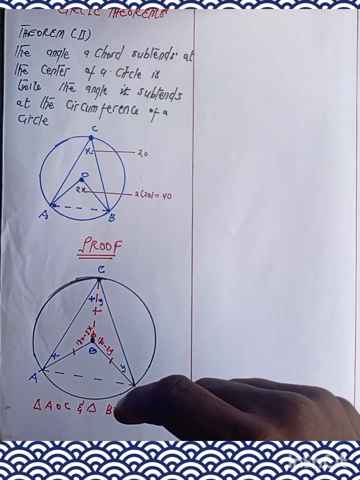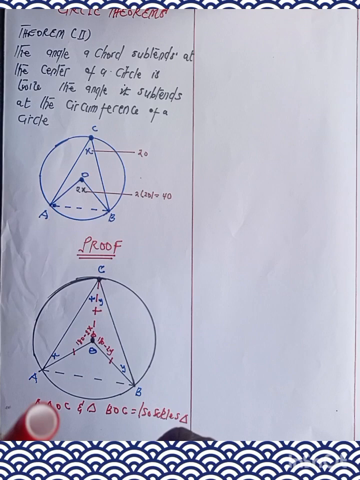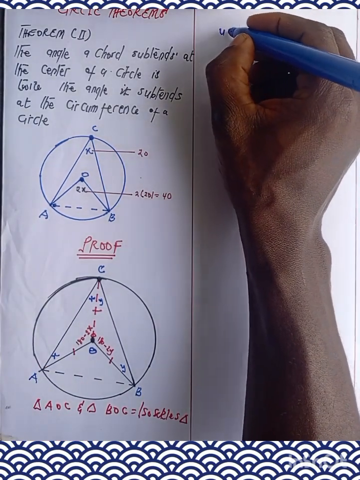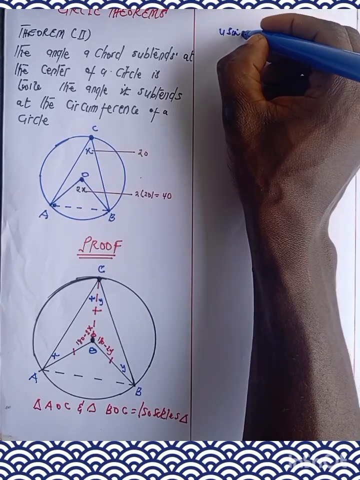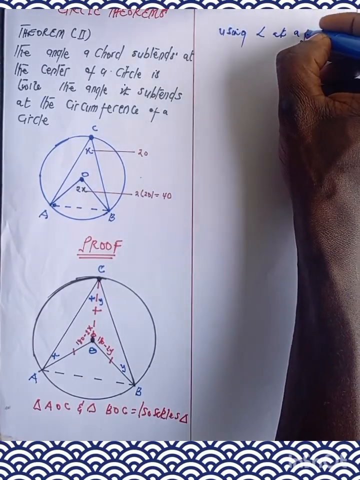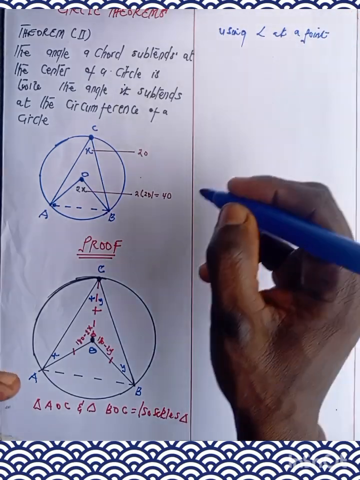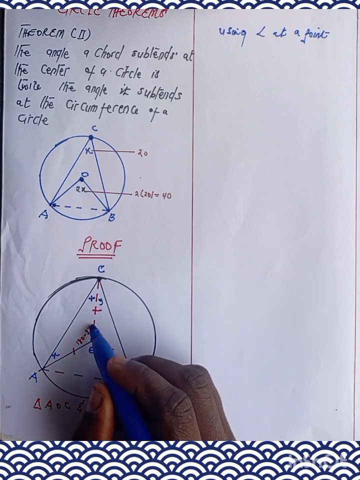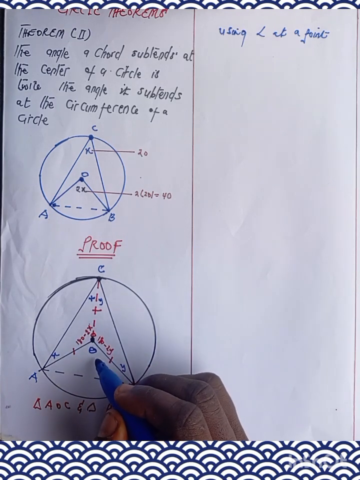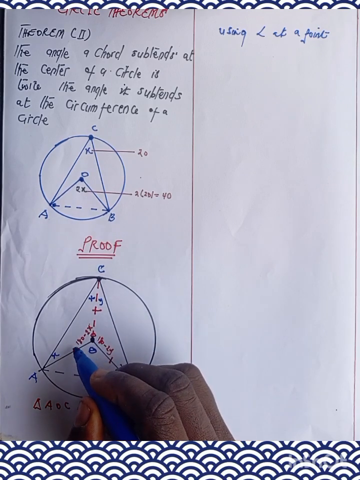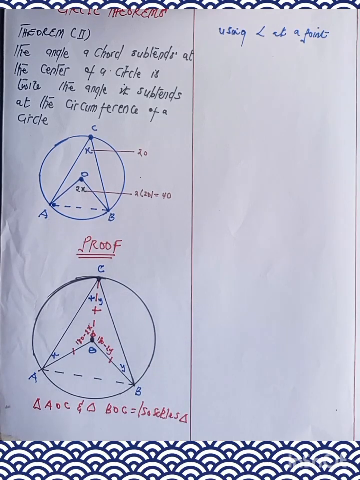Now after getting this, we can use angles at a point. Using angles at a point, that is, the sum of angles around a point in a circle, we can say that the whole of this angle plus this angle plus this angle is equal to 360, because the whole of this is an angle at a point.